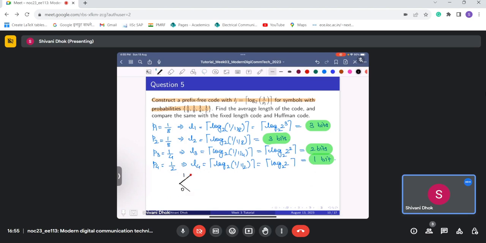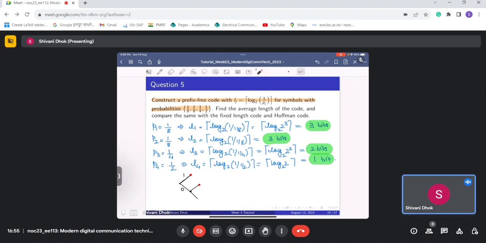Okay, this is 1 0, and then we have one code of 2 bits. So let's extend this like this. Let's say this is the second code word that we are having, which is of length 2.